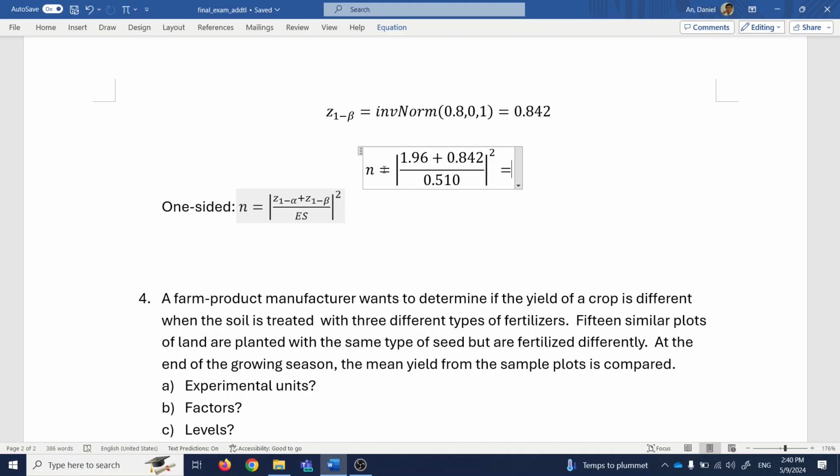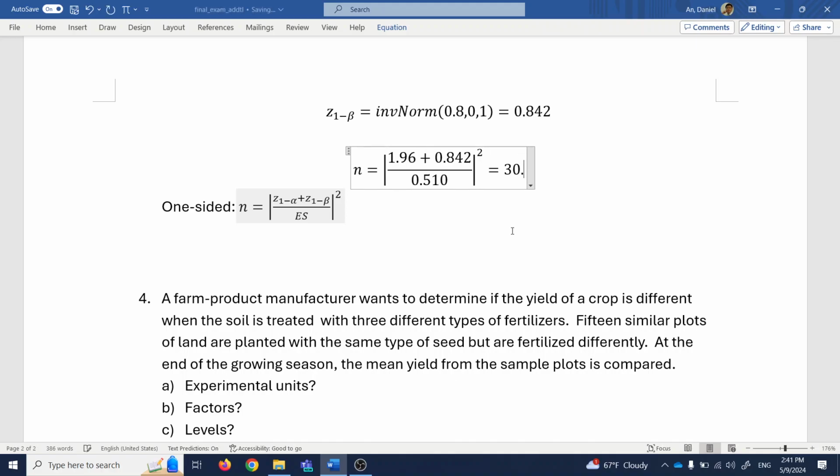Something like 8 or 9, I think. I'll do it. 30.2. Oh, it's 30.2? Yeah, 30.2.